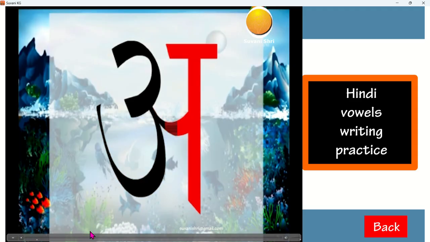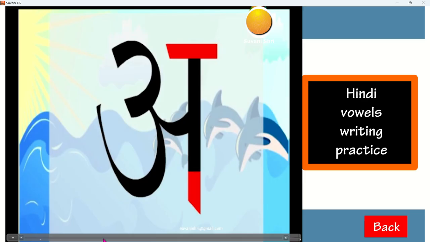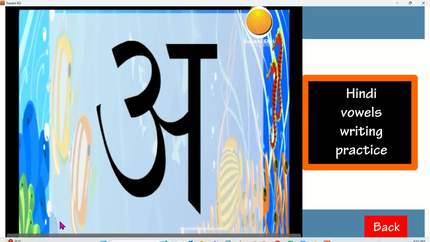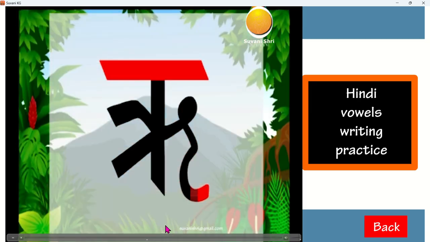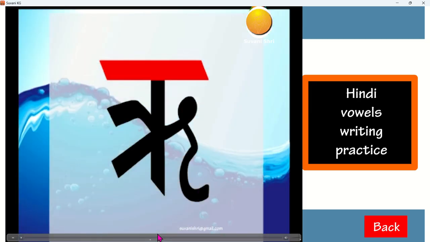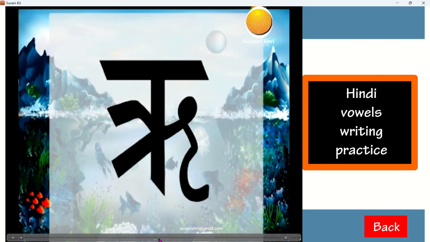Then put a small sleeping line, and then you put 1. Then above a small sleeping line. Take it towards the side portion. Then complete the letter R by drawing the top line.